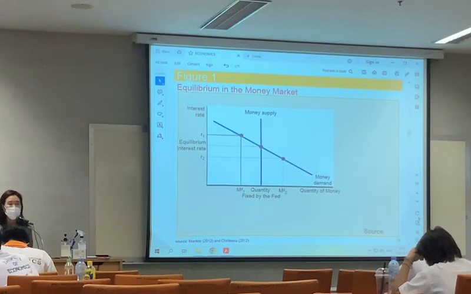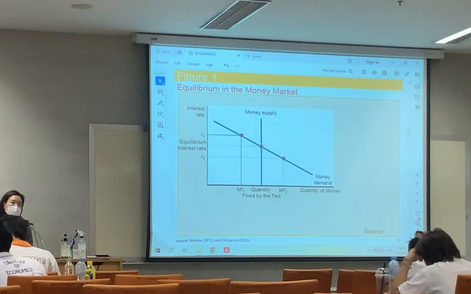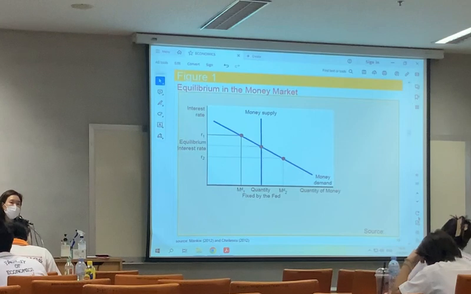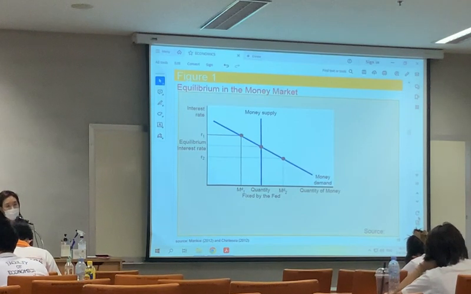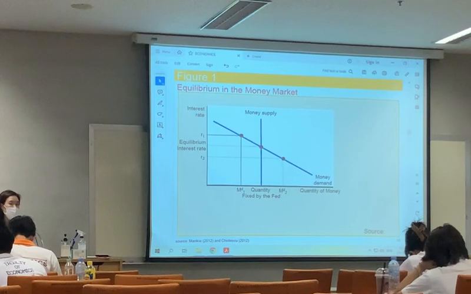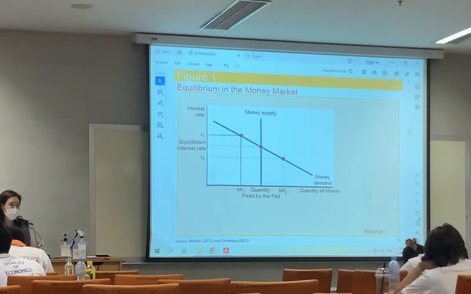For example, if you feel your health is not good and you have a health risk, you need more money for precautionary purposes, so MD will increase. Or you think inflation in the future will increase, so you want to hold more money for transaction purposes. It can be any other factors, but not the interest rate, that make MD shift.